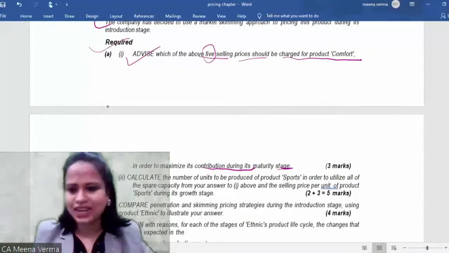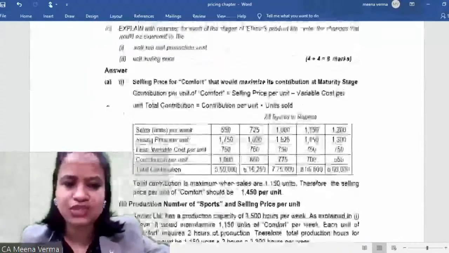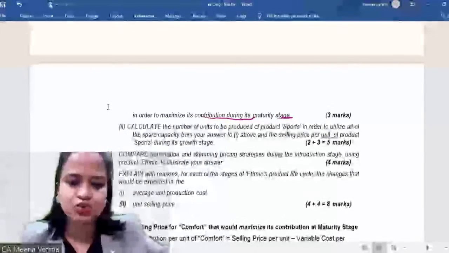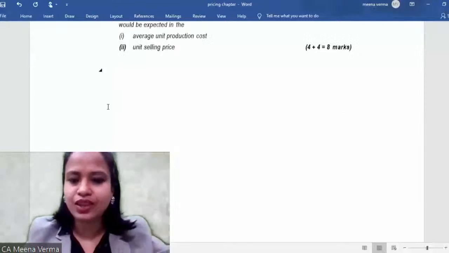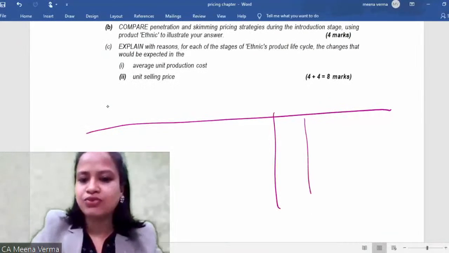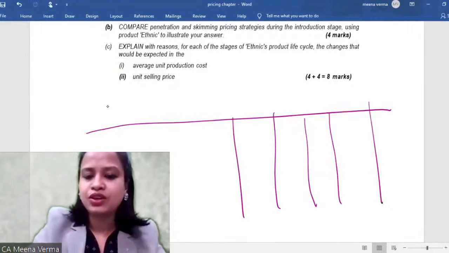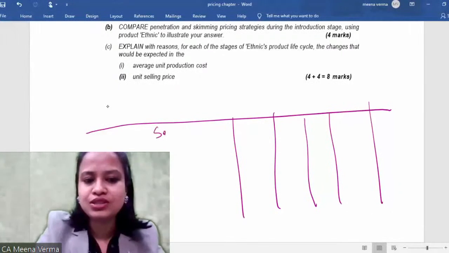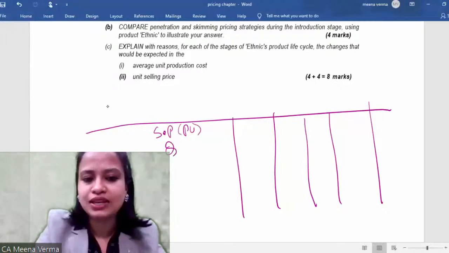First part of the question, can you do this first part of the question? See, how can we do this? I don't want to show you the answer. You can make 5 columns. First you can consider the selling price per unit and the quantity they are selling.